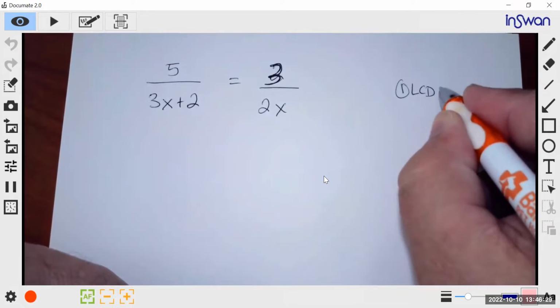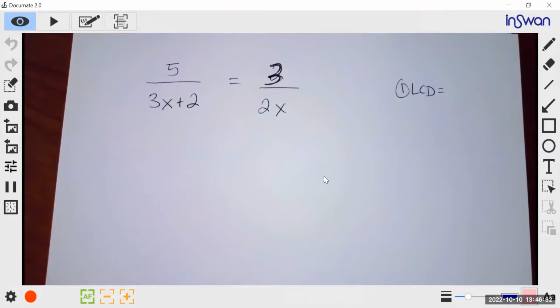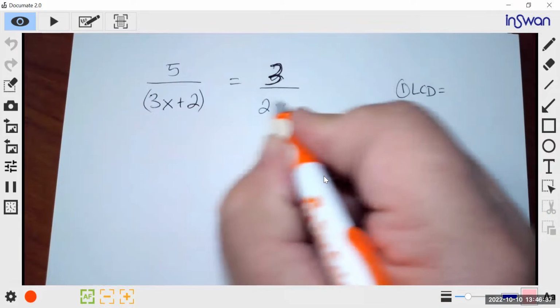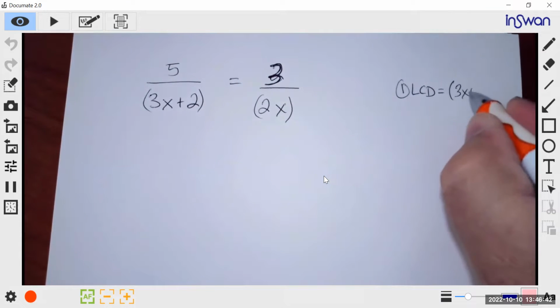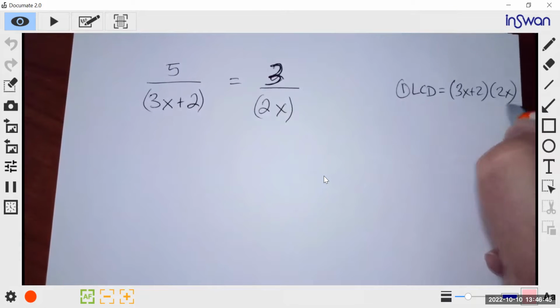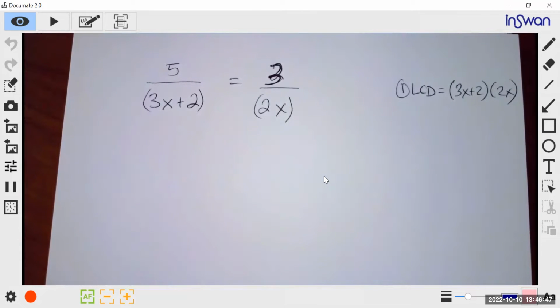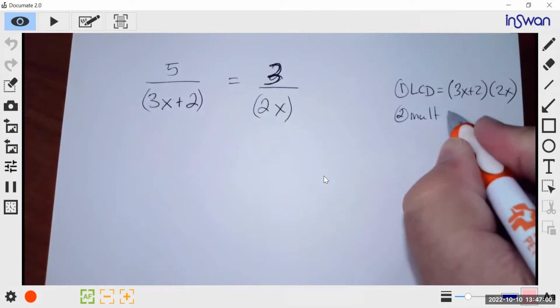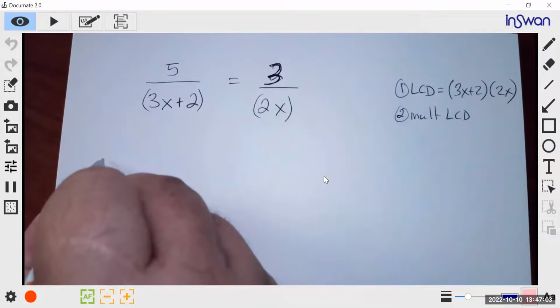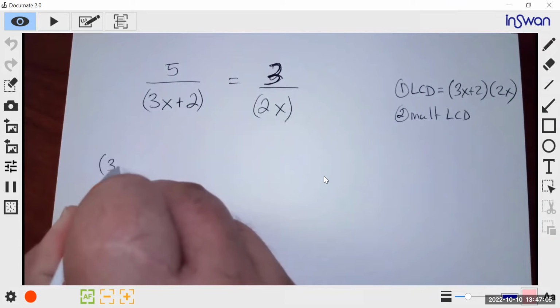So now what's my LCD? My LCD is 3x plus 2 times 2x. So now I got to multiply the LCD to both terms.